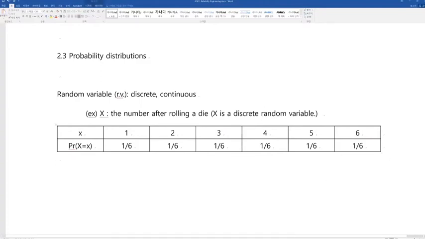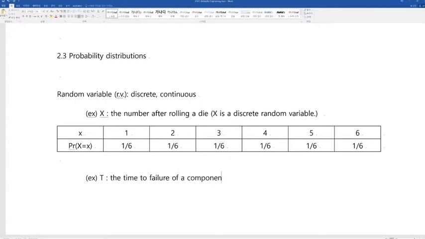Maybe another example. T, capital T. If capital T indicates the survival time or the time to failure of a component. After you purchase a component, or after you purchase your cellular phone, some failure may occur.